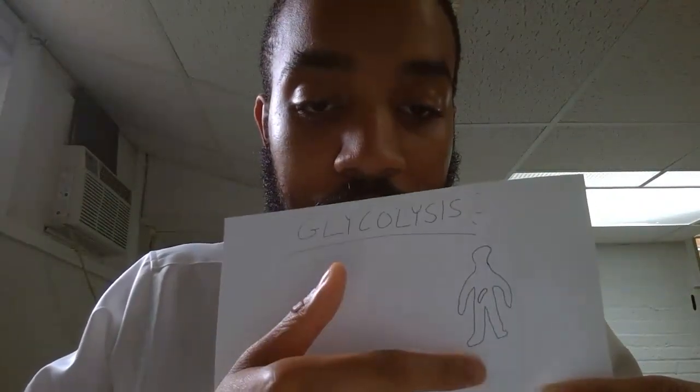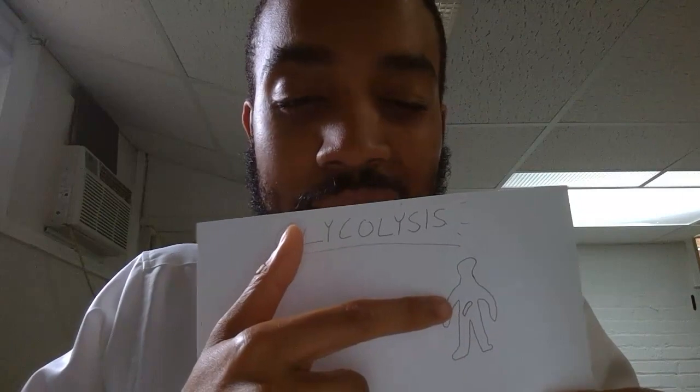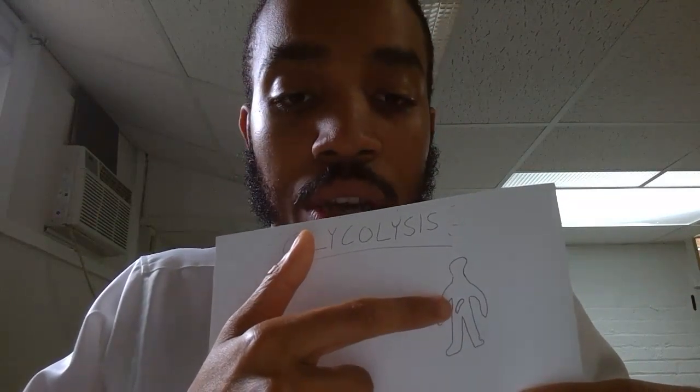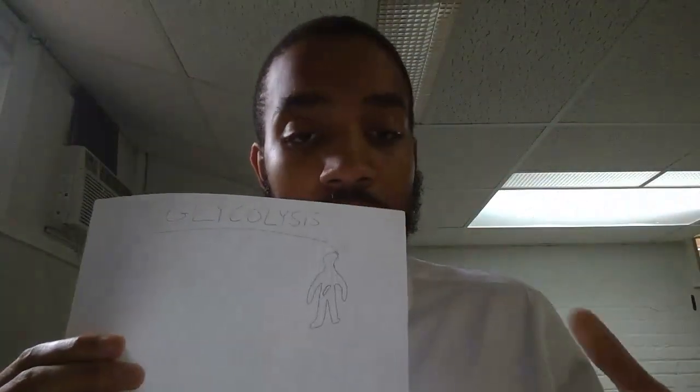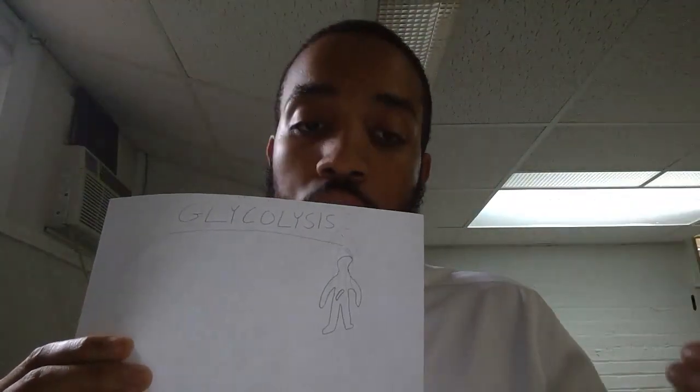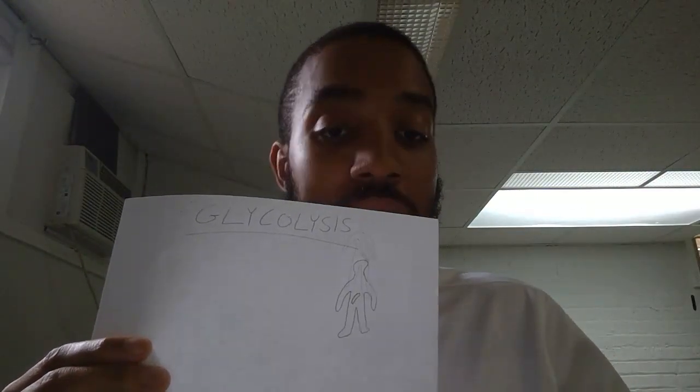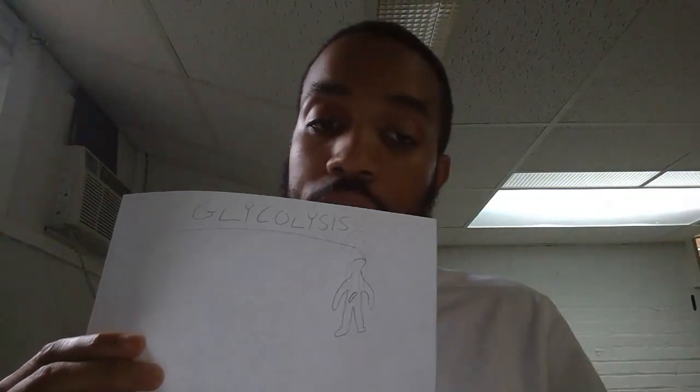So we have a person here, and we see a dollar bill sized organ in their abdomen known as the pancreas. So what are we doing this whole process for? In order to get energy. How are we going to get this glucose that we're getting the energy from into our cells in the first place?